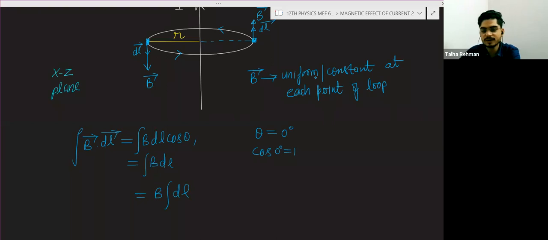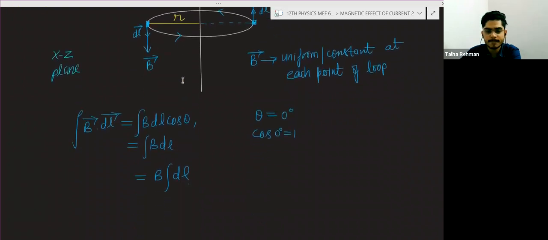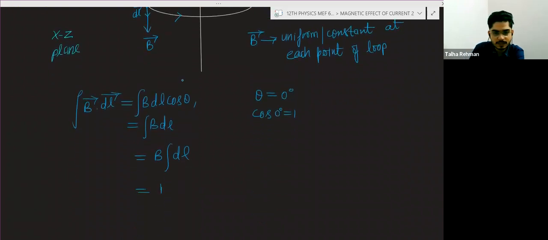And what is the integral of dl? It will be the length of the circle. What is the length of the circle? 2 pi into small r. Okay. You can write this B into 2 pi r.